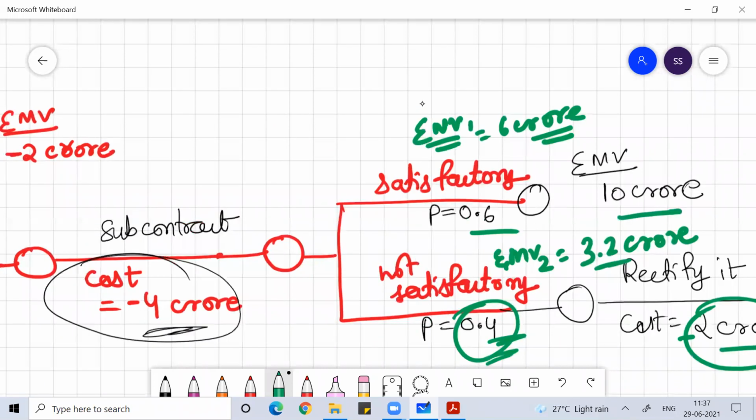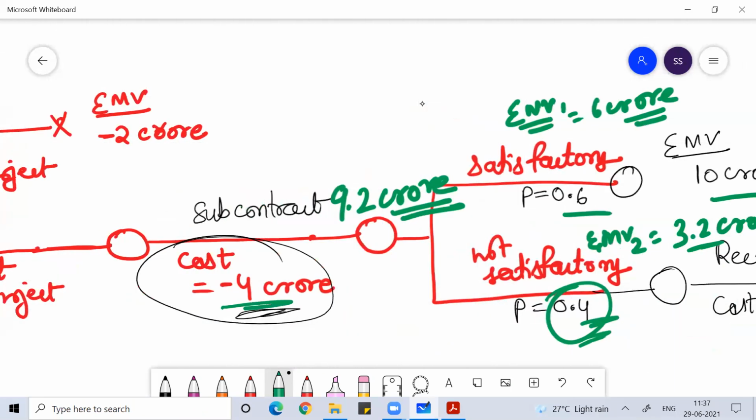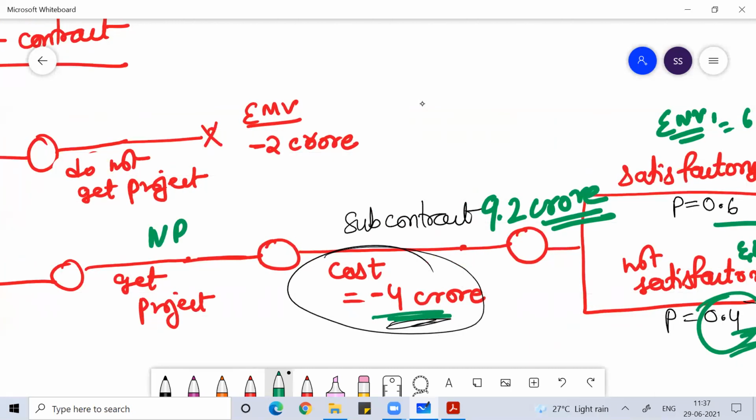Clear everyone? So if you find out the economic value here, this is 6 plus 3.2 crore. So this is 9.2 crore, and you're putting a cost of 4 crore. So 9.2 minus 4 crore, your NPV would be how much?